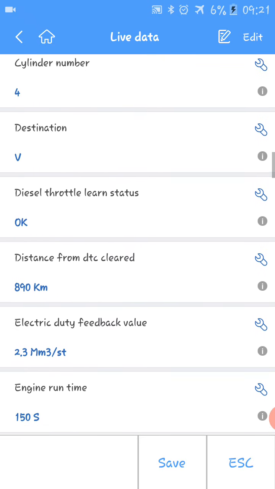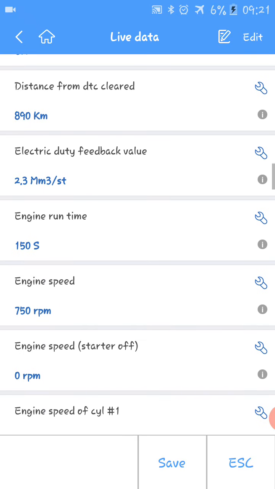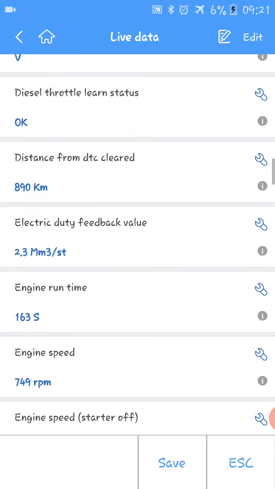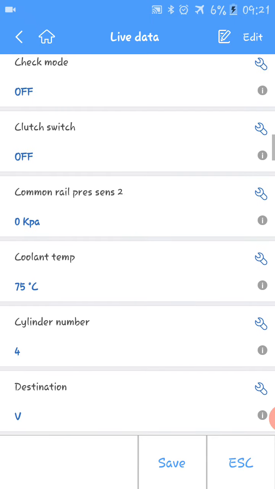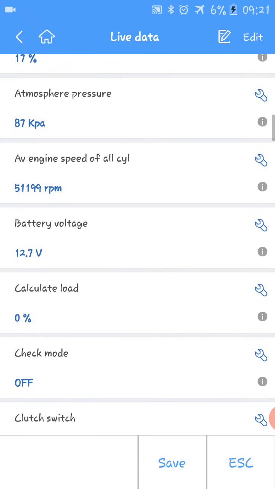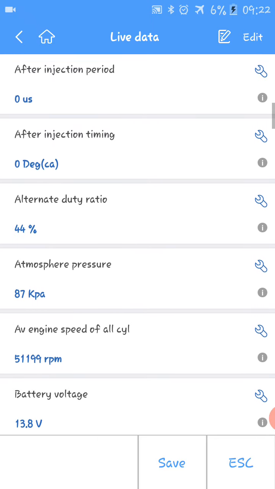Okay, let's look at the engine speed. The engine is running at 749 revs per minute, which is good. Temperature 75. Battery voltage 13.8. Charging system is good.